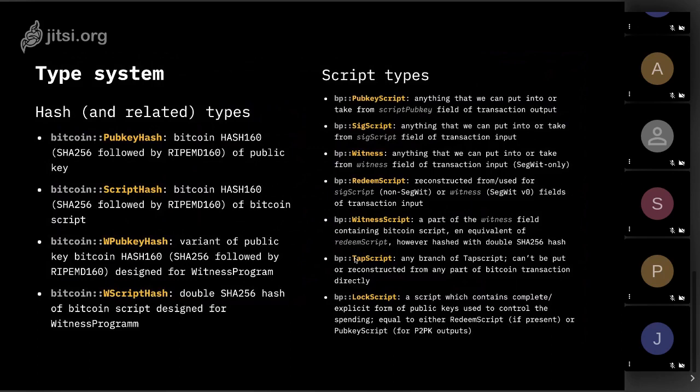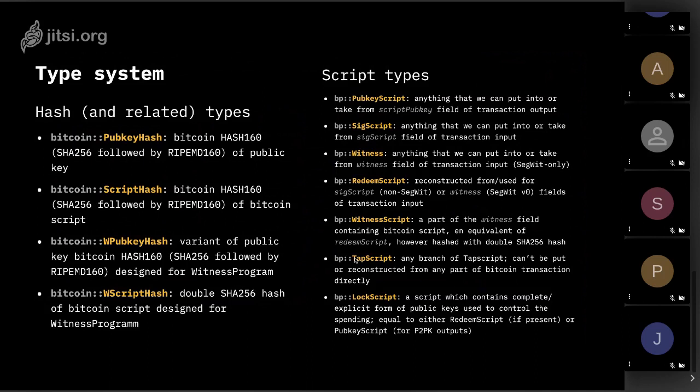And these types are getting into Rust Lightning last week with the PR that I've made. Basically, we have a hash of pubkey, we have a hash of script, we have versions of them specific to witness. Interesting that with witness, you basically end up frequently using both of them. And we have types of scripts. Basically, there is the pubkey script, everything that comes from the script pubkey of the transaction output.